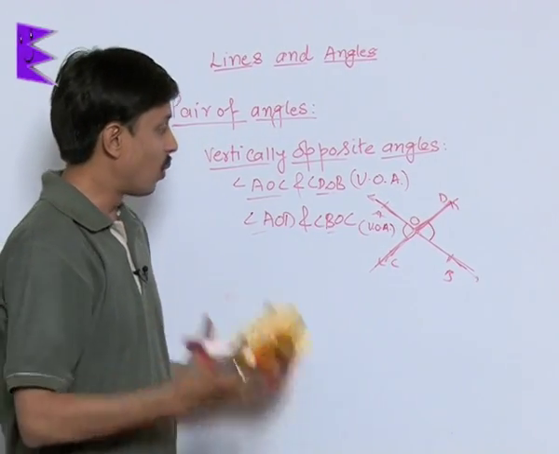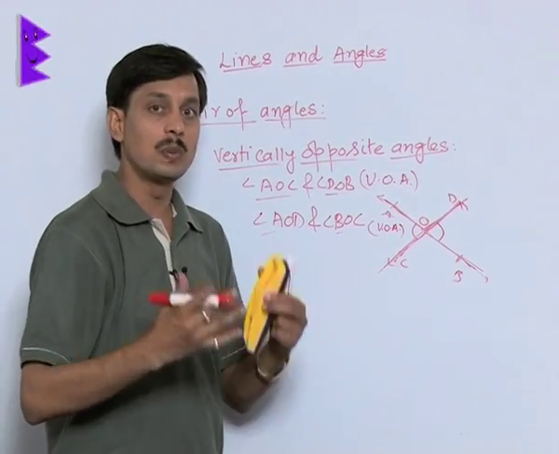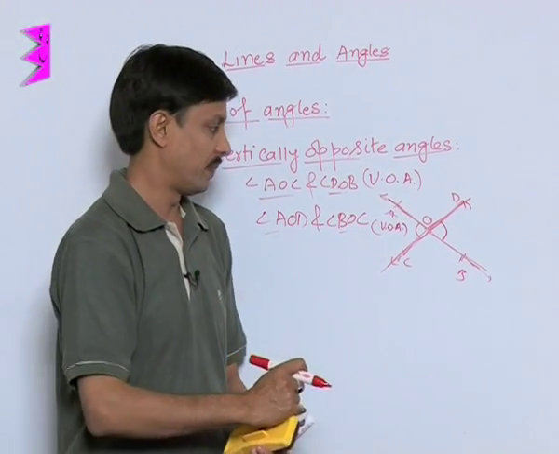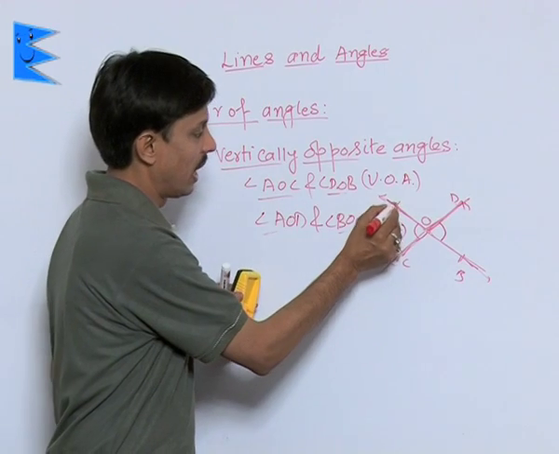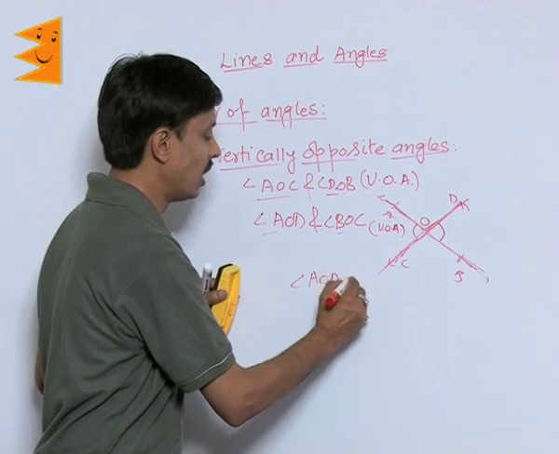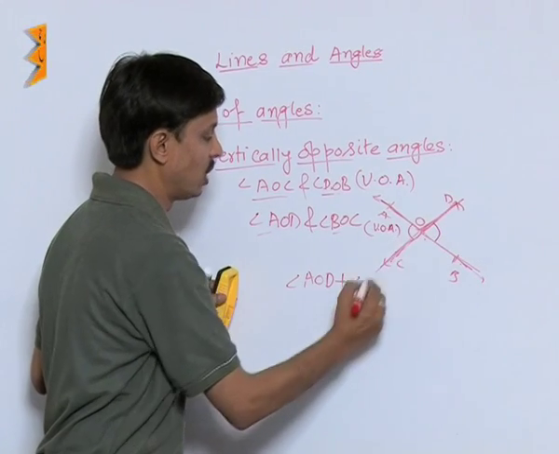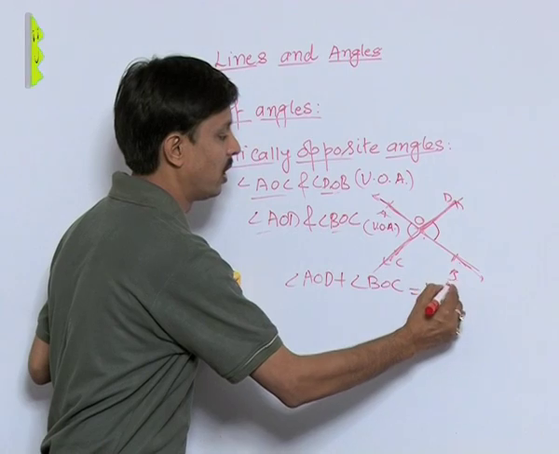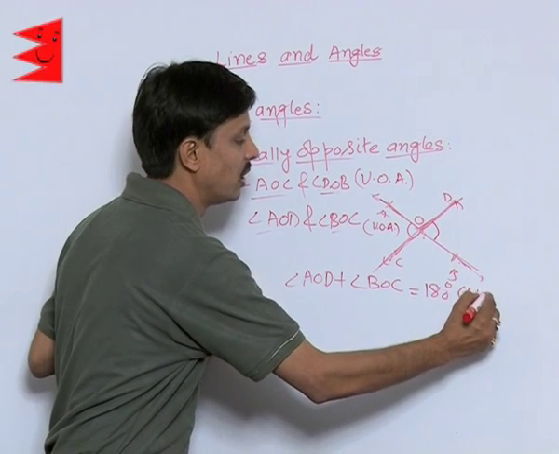Now I want to tell you why these pairs of vertically opposite angles are always equal. You can see here angle AOD plus angle BOC. If I ask you what is their sum, you will say it is 180 degrees. Reason being linear pair.